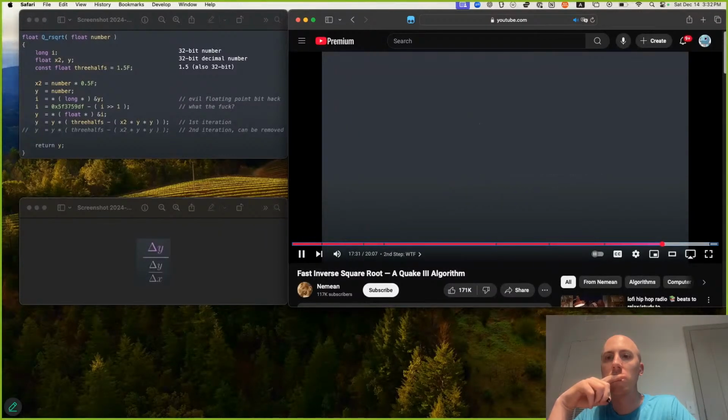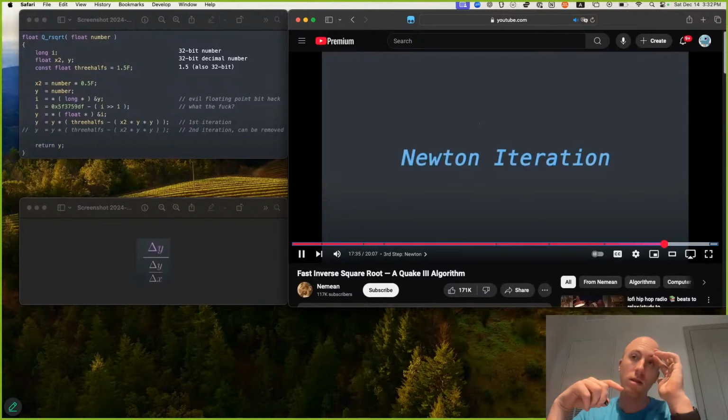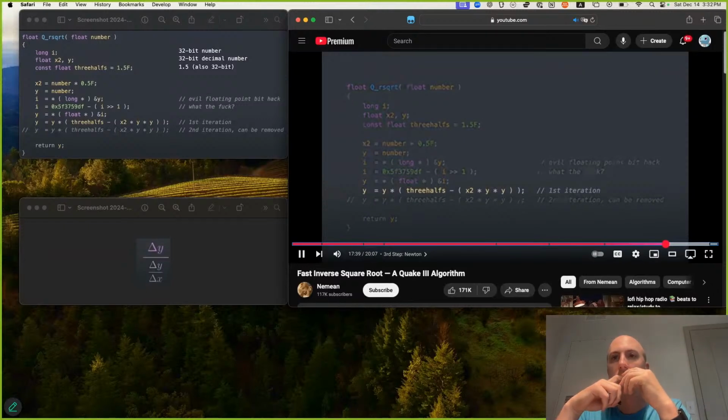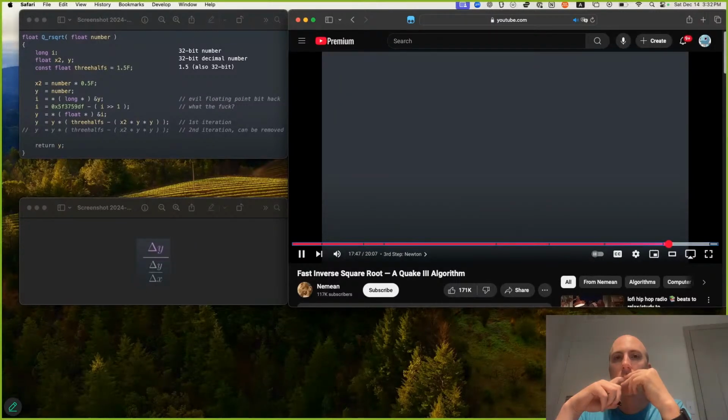This is why we need the third step. After the previous step, we have a pretty decent approximation, but we did pick up some error terms here and there. But thanks to Newton's method, we can make a really good approximation out of a decent one.